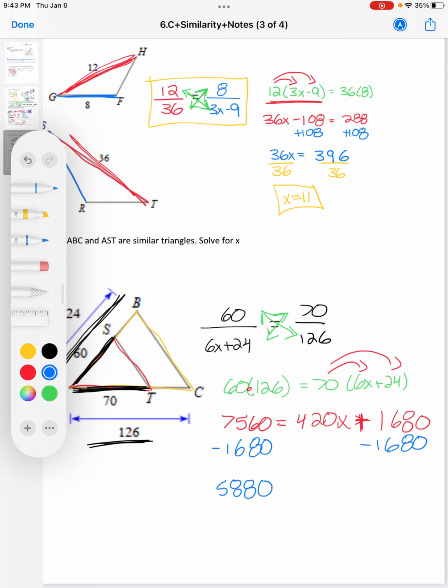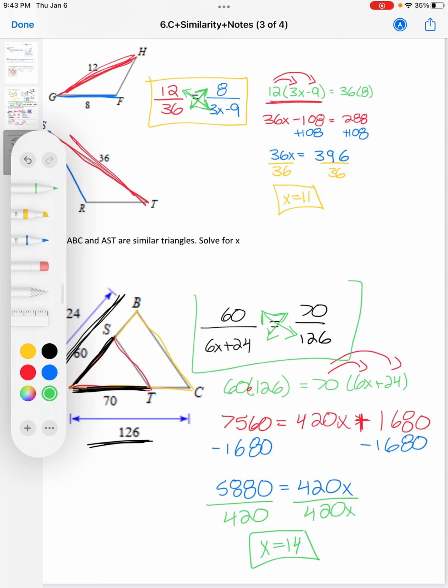And then we gotta still get x alone, so we're gonna divide by 420. So x equals 14. Okay? I know those are a little bit harder, but just have your ratios and use the cross multiplication.